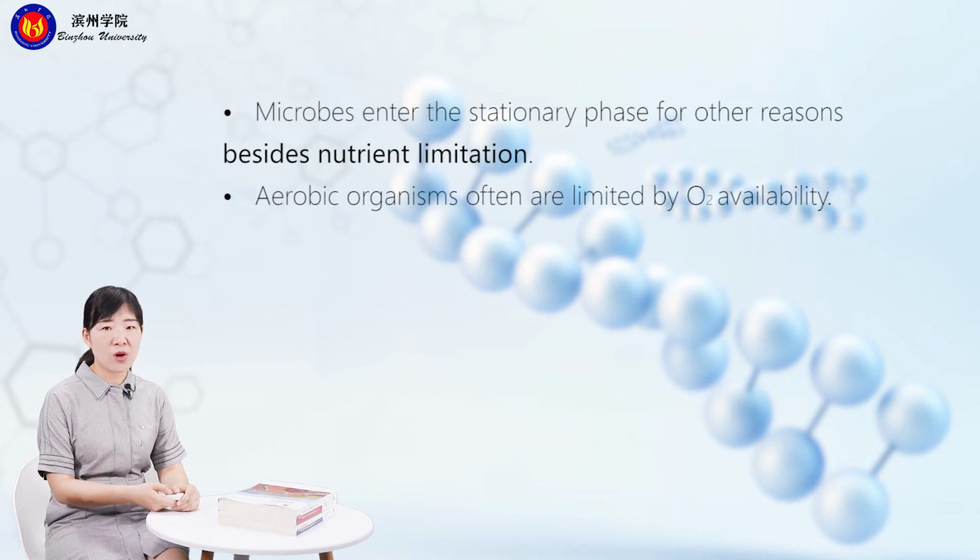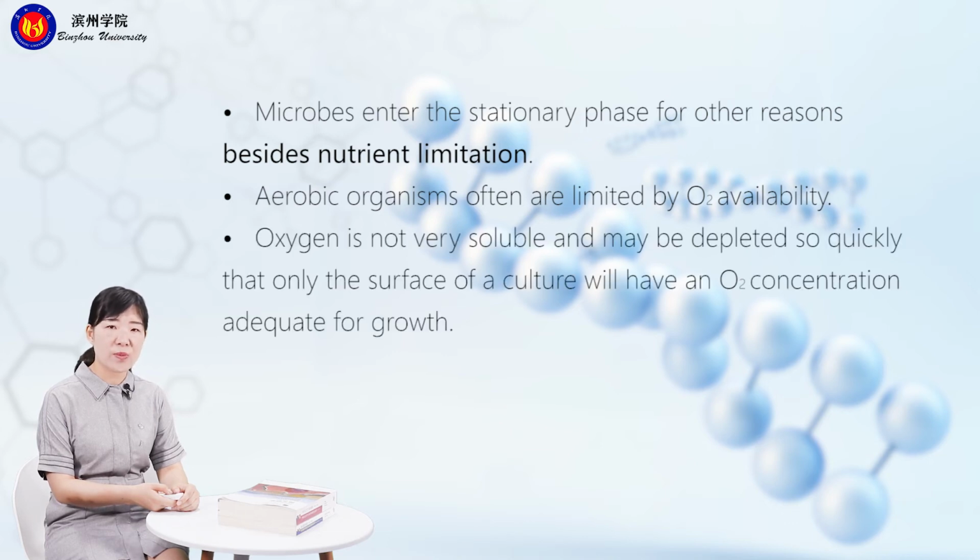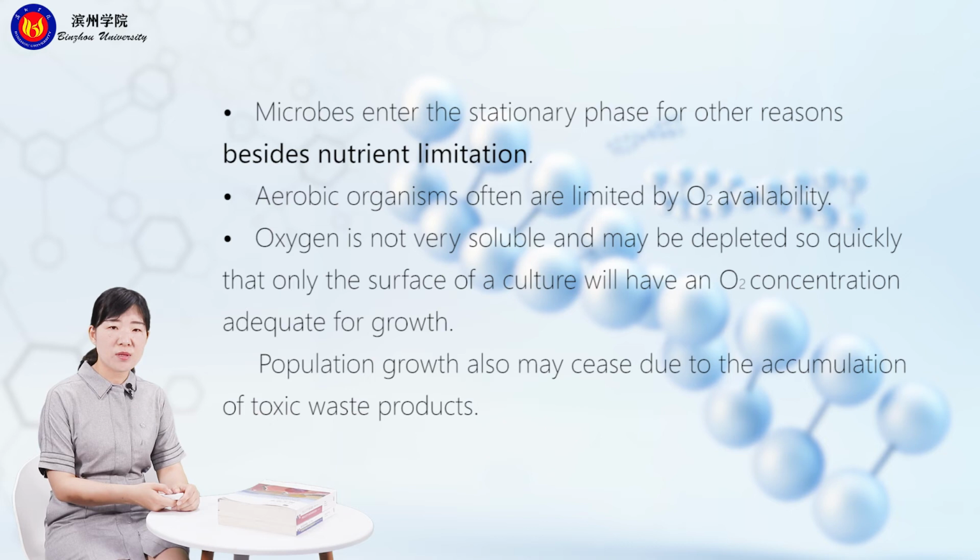Aerobic organisms often are limited by oxygen availability. Oxygen is not very soluble and may be depleted so quickly that only the surface of the culture will have an oxygen concentration adequate for growth. Population growth also may cease due to the accumulation of toxic waste products.